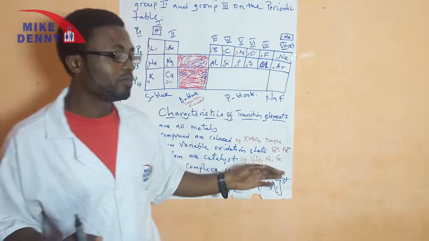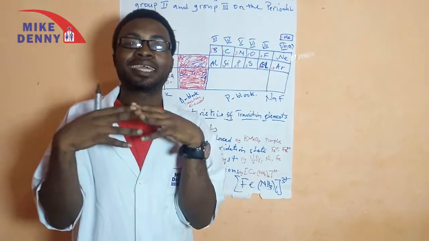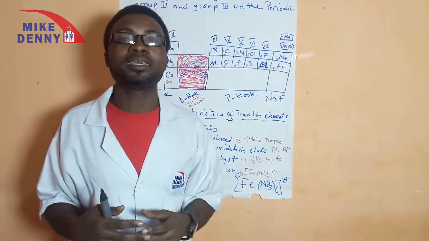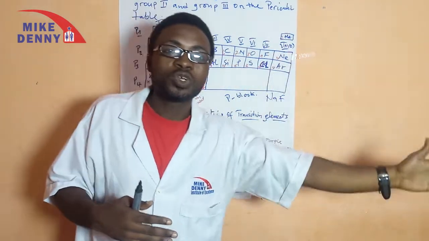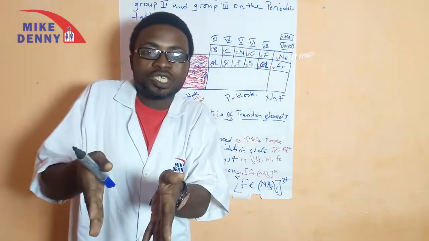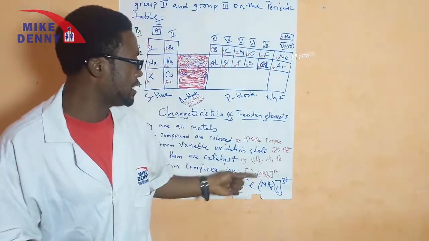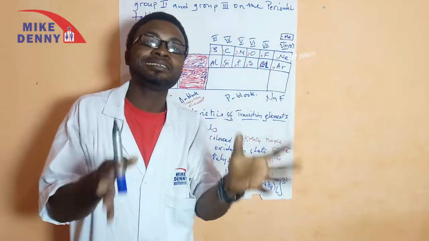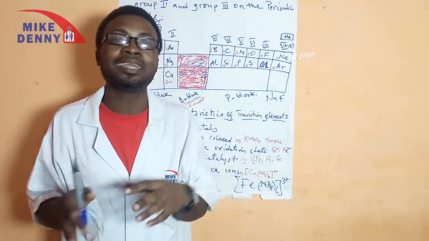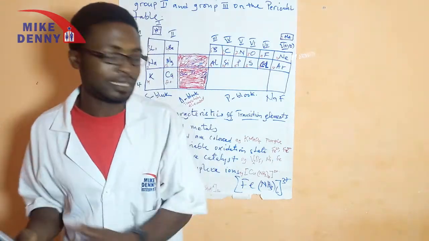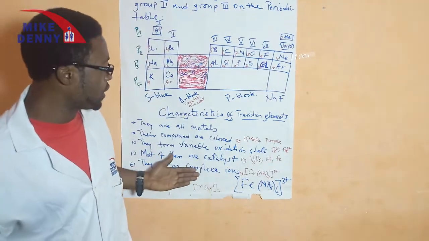We have iron. Iron acts like a catalyst when we are producing ammonia industrially. Nitrogen plus hydrogen to give ammonia. And the catalyst that we must use there is iron at a certain range of temperature and pressure for the reaction to go faster. We also have, it forms a complex ion.